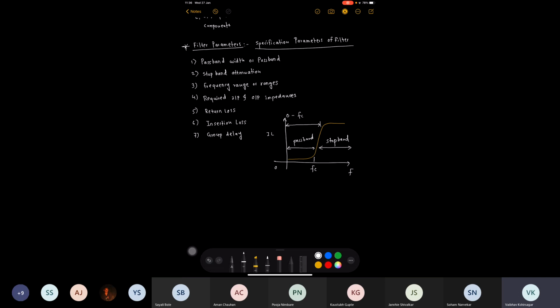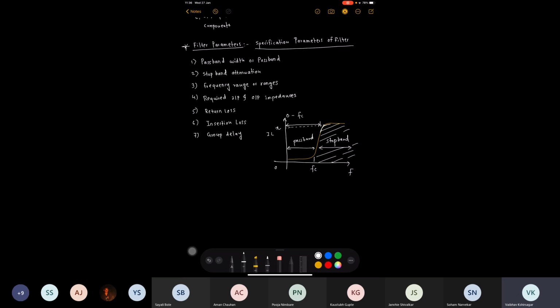Then stop band attenuation. See here, the attenuation will take place when the insertion loss becomes high. Here there has to be a certain finite value of insertion loss x. Stop band is typically exhibited in this particular range, which I am showing with a hatching pattern.